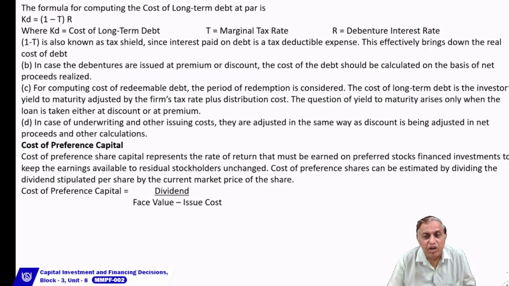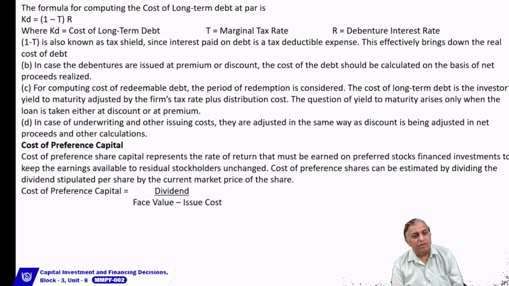Cost of preference shares can be estimated by dividing the dividend stipulated per share by the current market price of the share. So how could you calculate the cost of preference capital? This is equal to dividend divided by face value minus issue cost.